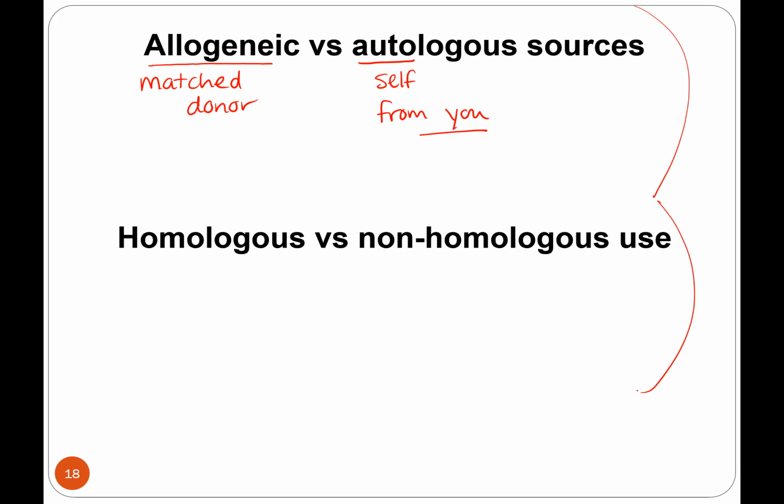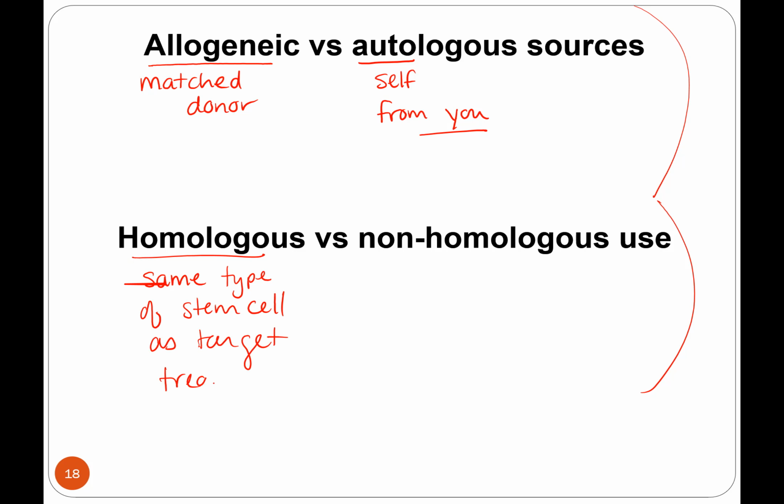Okay. So this describes your source. These describe the use. So homologous, homo, same. So this means you're using the same type of stem cell as target treatment. So this again would be like taking bone marrow stem cells and using it to replace T cells or B cells or immune cells, right?